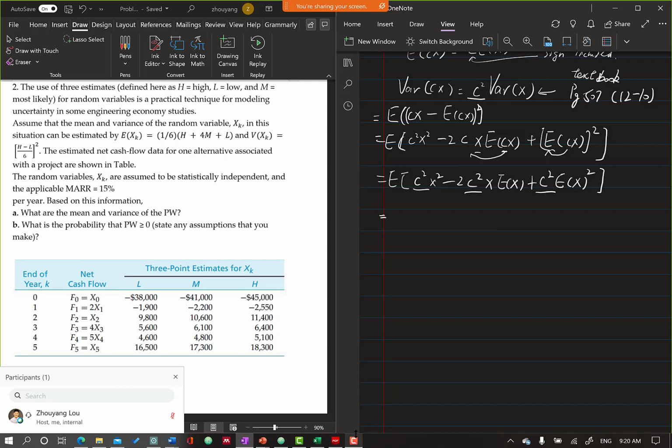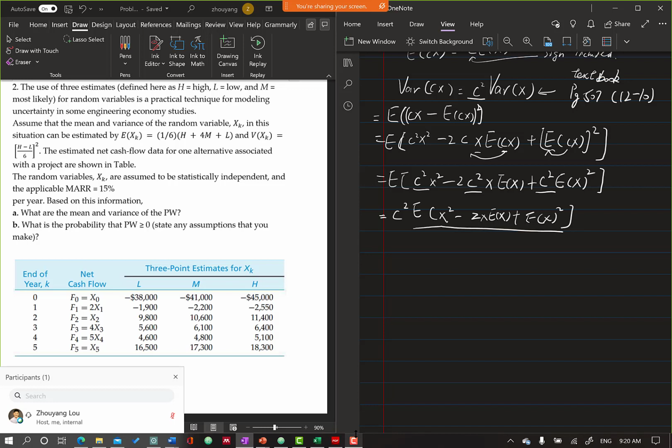So by the rule of expectation, we can take this constant out of the E. So we have x squared minus 2x E[x] plus E[x] squared.